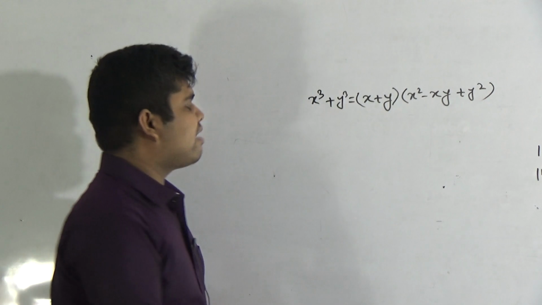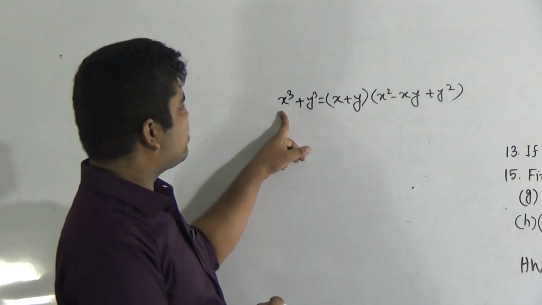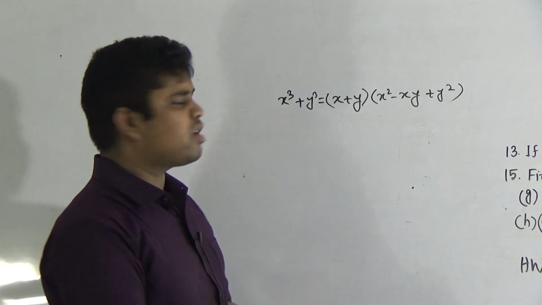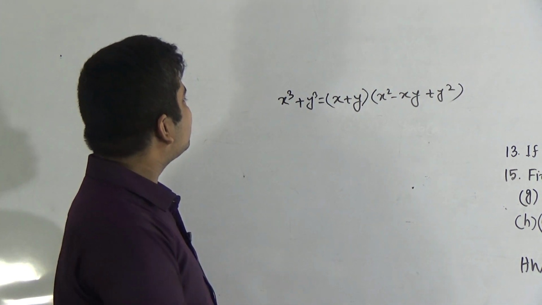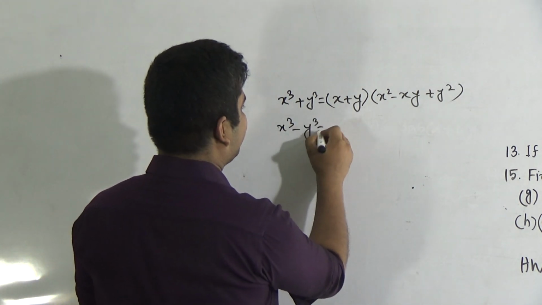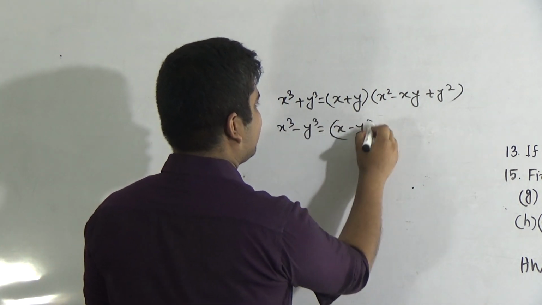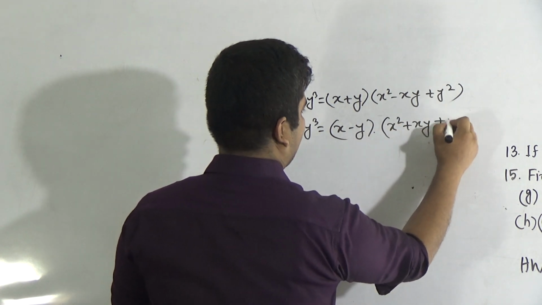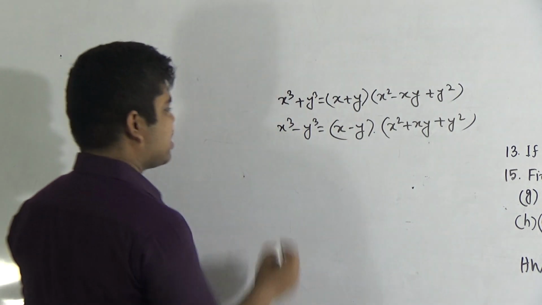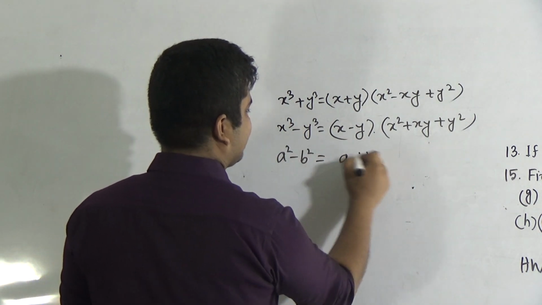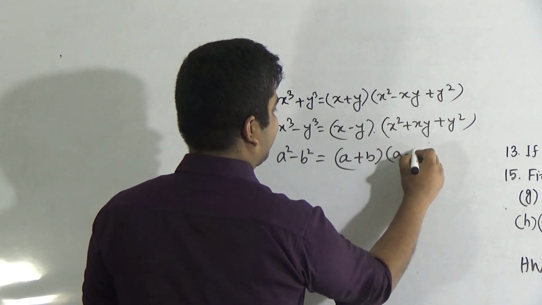You can write a and b in place of x and y, a cube plus b cube, no problem. Then x cube minus y cube equals x minus y into x square plus xy plus y square. Another one is a square minus b square, so a plus b into a minus b.